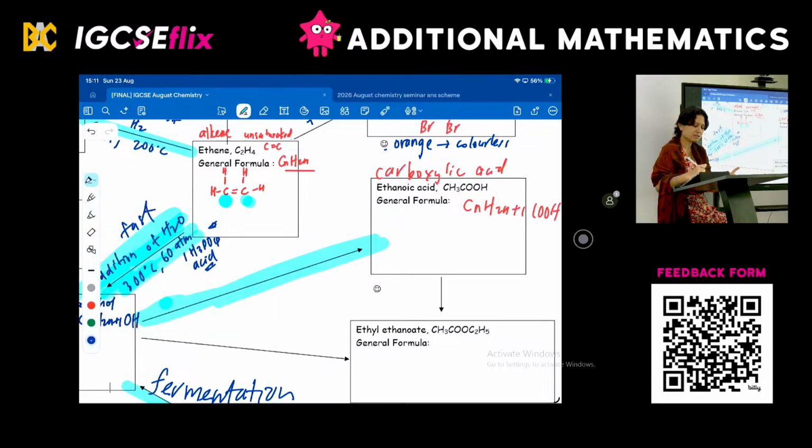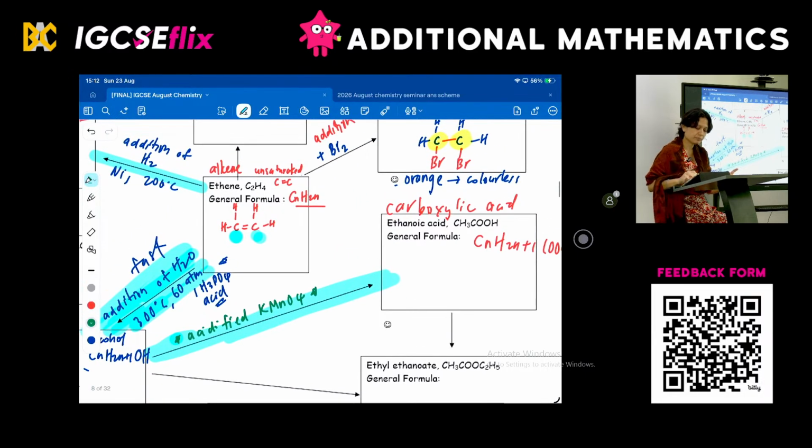What are the 2 ways? The first way is acidified potassium manganate 7. Okay, this is your best friend. KMnO4, they will ask you what is the condition? Acidified. They will ask you the name. What is the name?